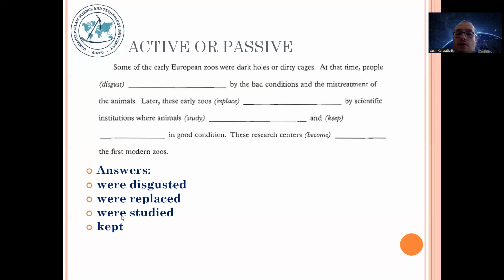Actually, we don't have to use were here again, because in the first one, we used were. These research centers, the first modern zoos. So, in here, we have both subject and the object. So, this sentence is active. These research centers became the first modern zoos.